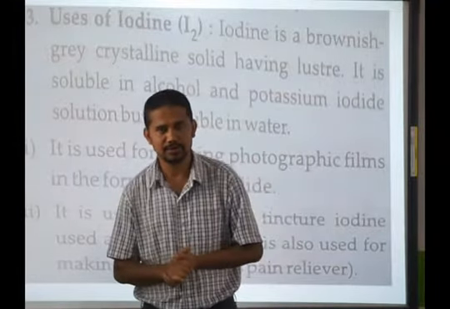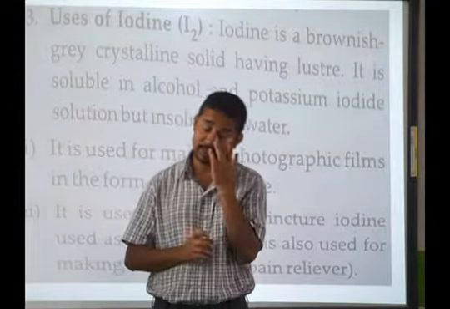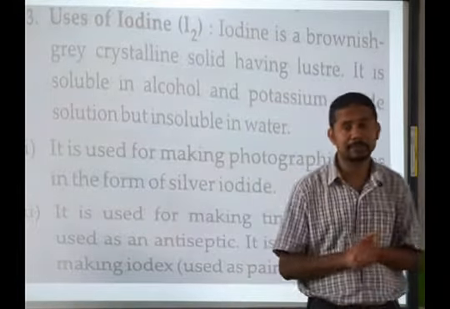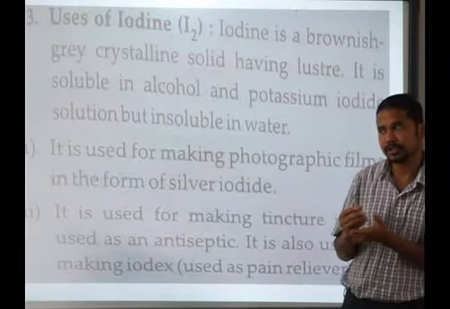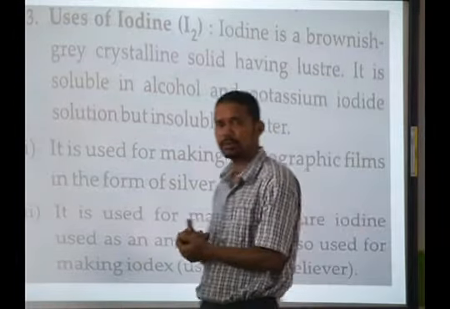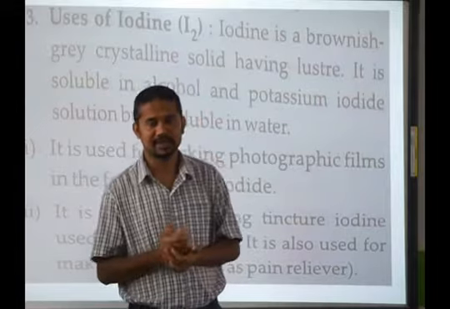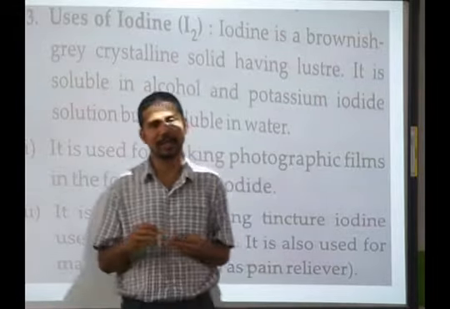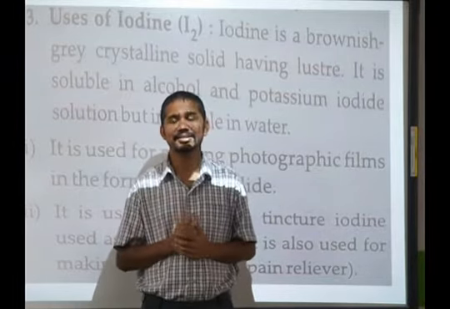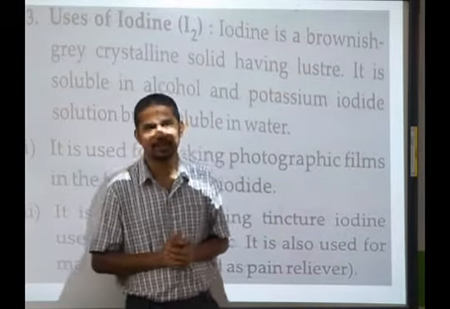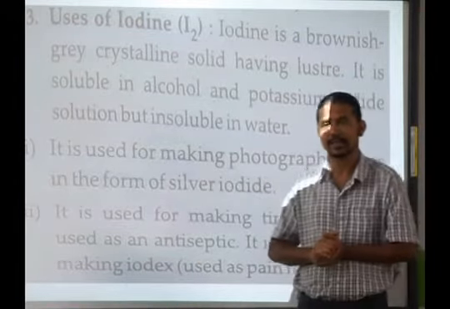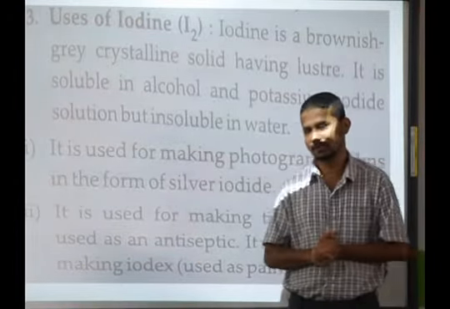Whenever we have an injury and go for dressing, the nurses apply a brownish yellow colored liquid. That is tincture iodine, and it is antiseptic. Another use of iodine is iodex, which is used as a pain reliever.